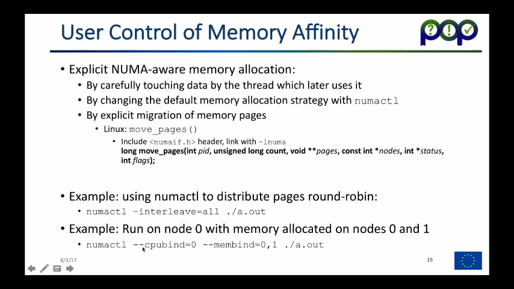It can also perform thread binding, so --cpunodebind=0 means the program is only allowed to run on node 0, meaning all the cores attached to node 0. With that you can control where your program and threads run, and from where they can allocate data.